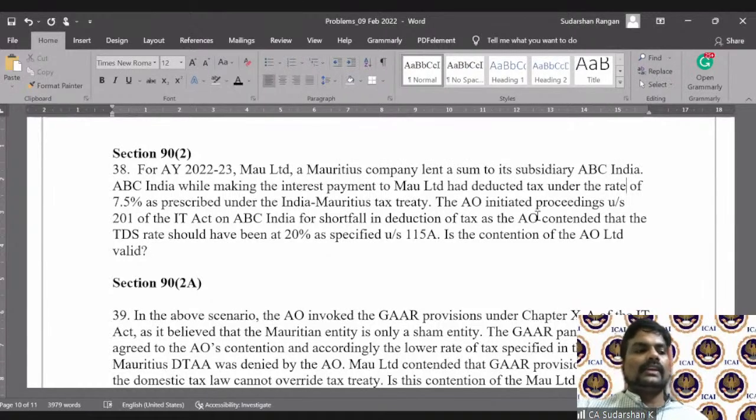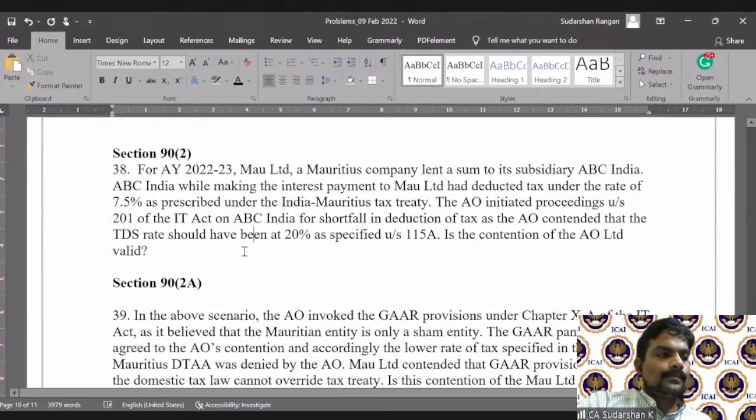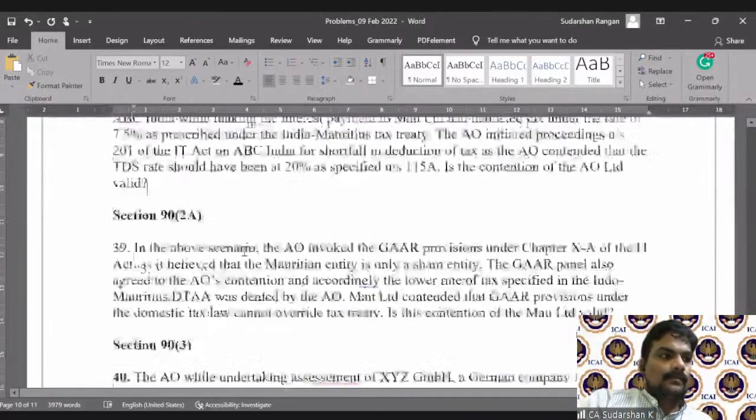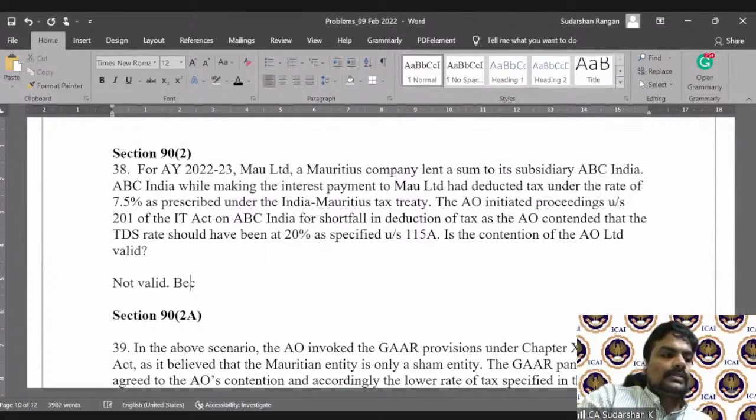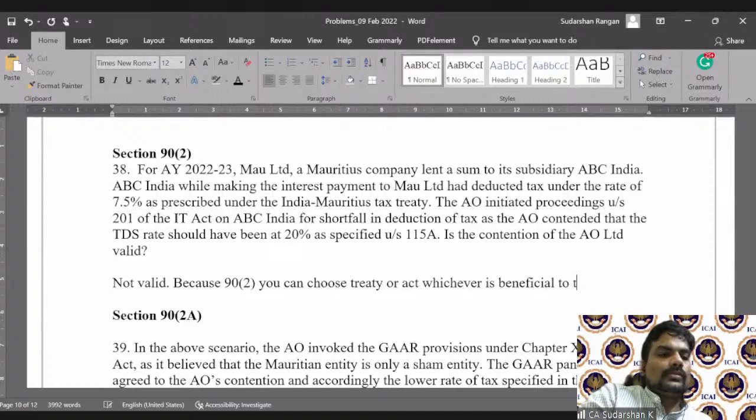No, the contention of the AO is not valid, because the crux of section 90 is this: you can choose treaty or Act, whichever is beneficial to the assessee. Since 7.5% is beneficial.